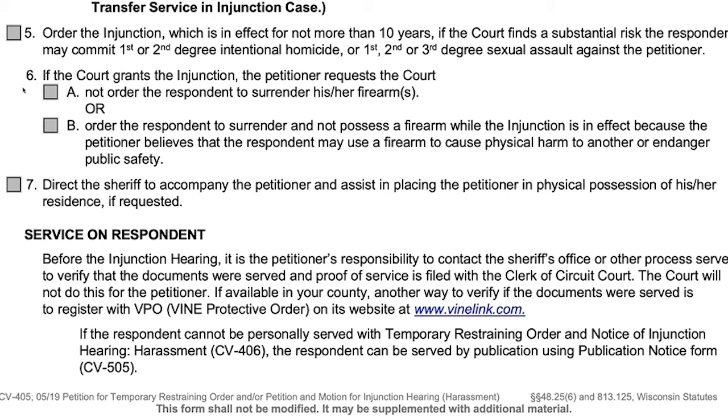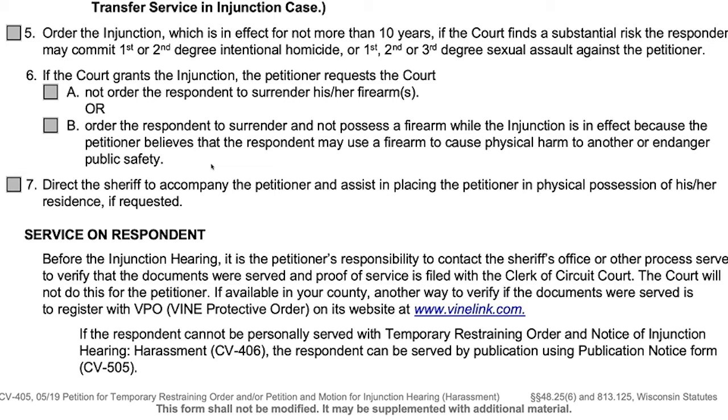Paragraph 6. If the court grants the injunction, the petitioner requests the court, A, not order the respondent to surrender his or her firearms, or B, order the respondent to surrender and not possess a firearm while the injunction is in effect because the petitioner believes that the respondent may use a firearm to cause physical harm to another or endanger public safety.